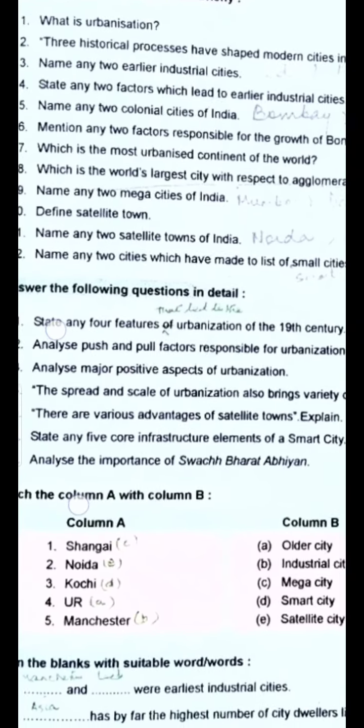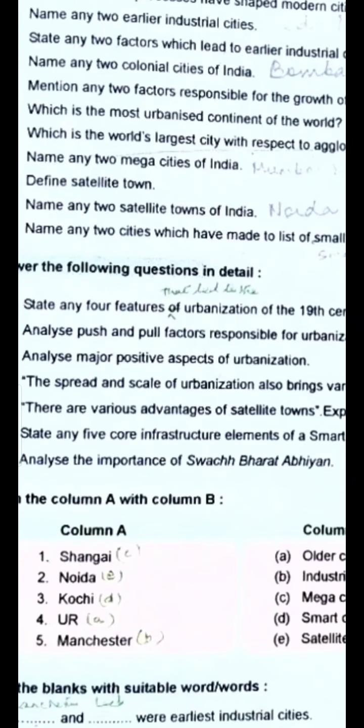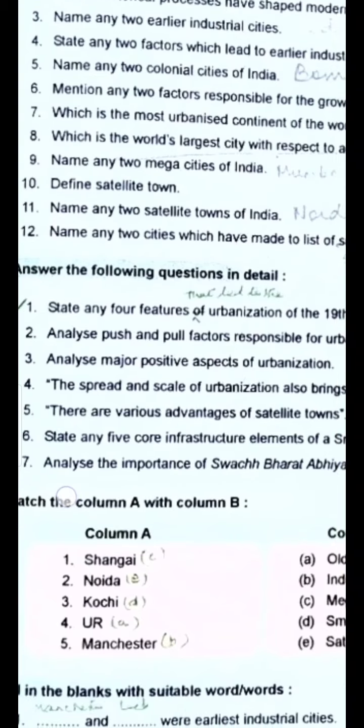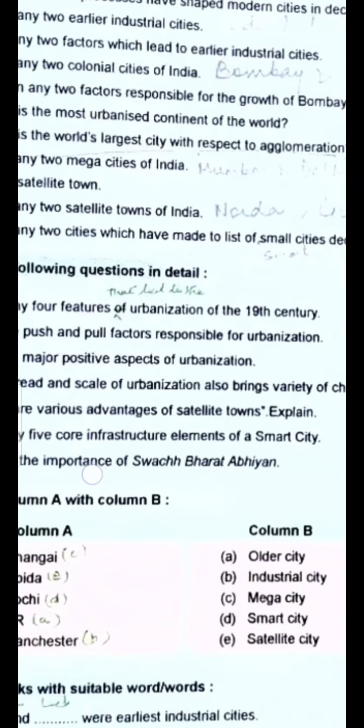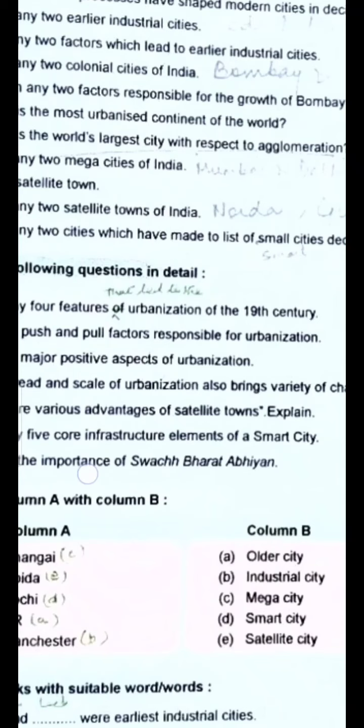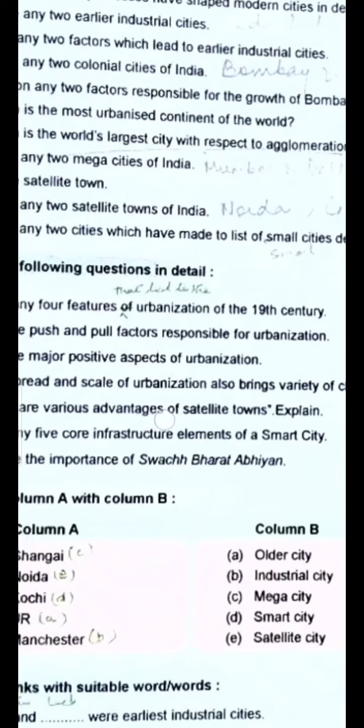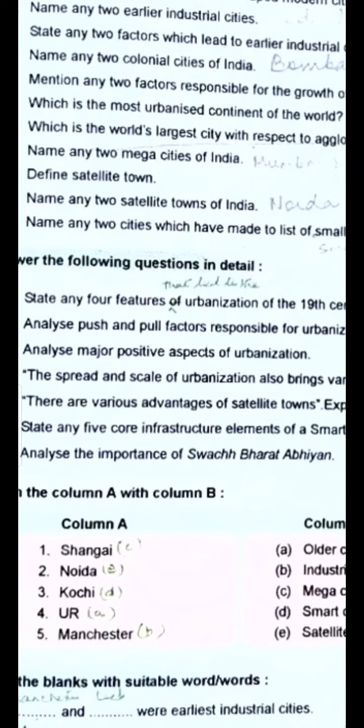Okay, our next question is, there are various advantages of satellite towns. Explain. Now there are various advantages of the satellite towns and we have to explain that. And we come to page 45. It is mentioned there are various advantages that the satellite cities offer.